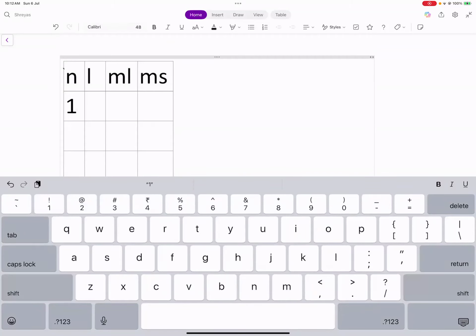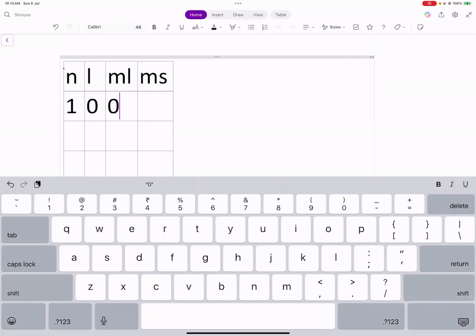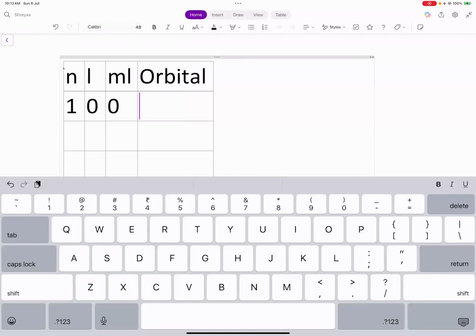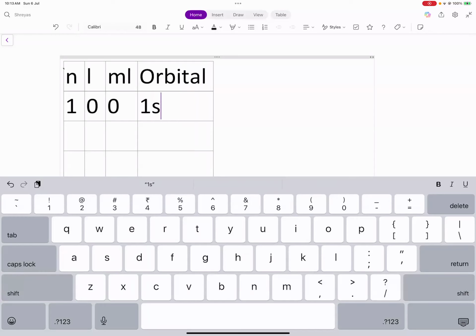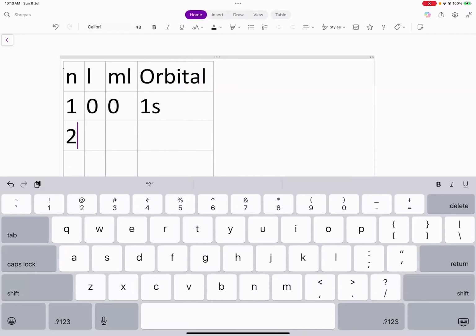Okay, no problem. So L will be 0, ML will be 0, and let's say I put the orbital instead of MS because we will just say which orbital this is. The value of the spin quantum number will be given, don't worry about that just now. Orbital is 1s. n is 2, and L can be 0.